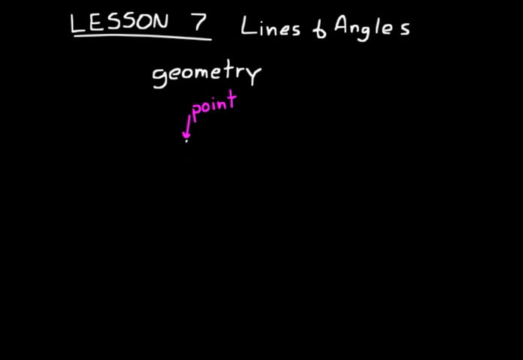Likewise, a line is also imaginary, but we represent a line by, well, what you know of as a line on a paper. And we put arrows on the end to represent that that line continues on forever and ever in both directions. Now think about a point. A point is just one location. So doesn't it make sense that a line is just a bunch of points all connected together? Now, of course, you're never going to draw a line by drawing a bunch of tiny points all one after another to make your line.